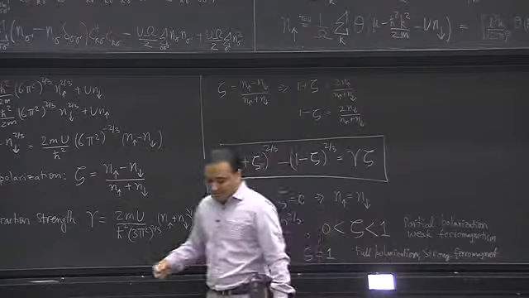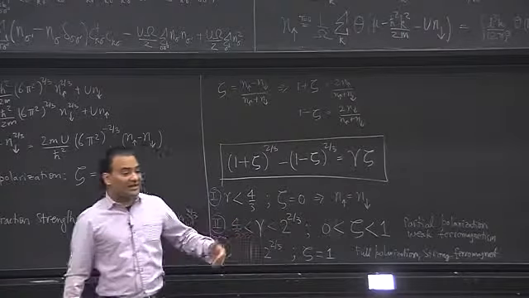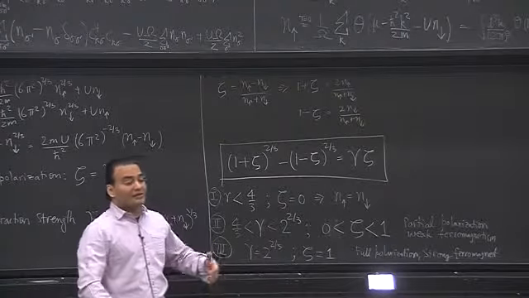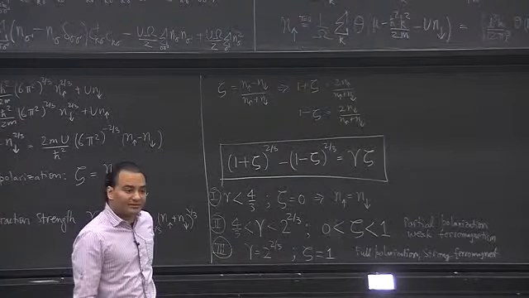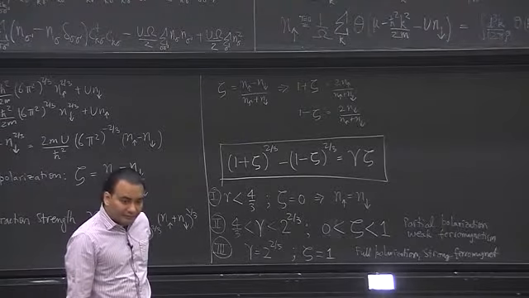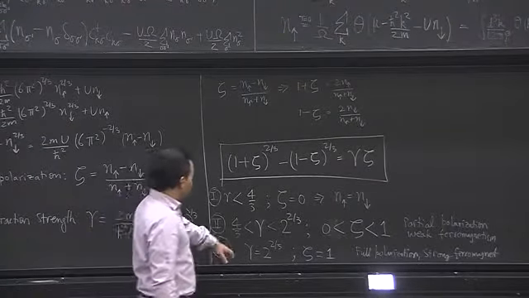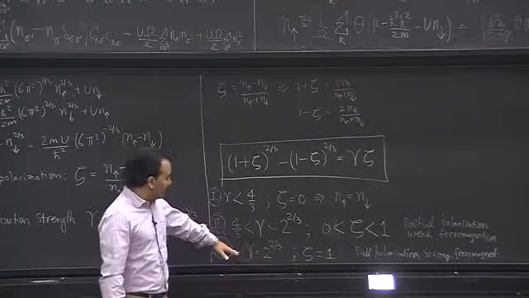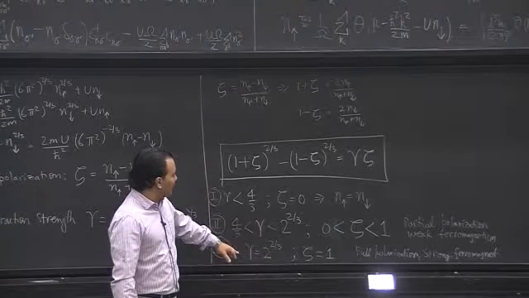Now, once you have fully polarized the system, if interaction strength is even larger, you will still have a strong ferromagnet. There are no solutions for gamma greater than 2 to the power 2 by 3. So for gamma greater than that, this equation does not permit a solution.